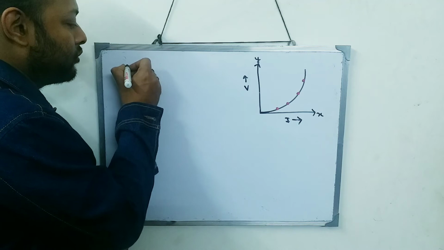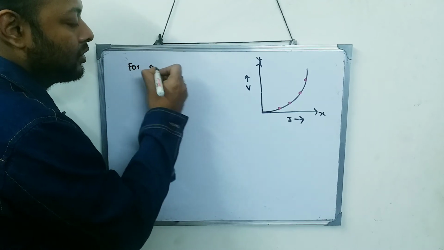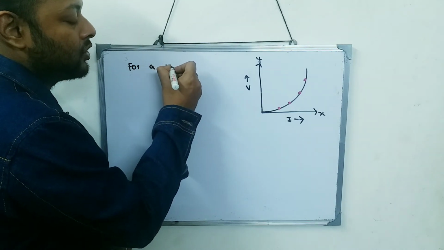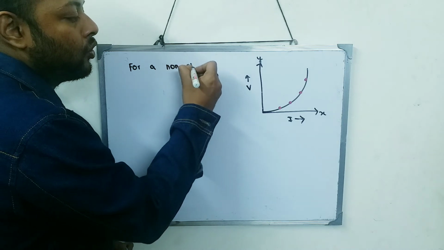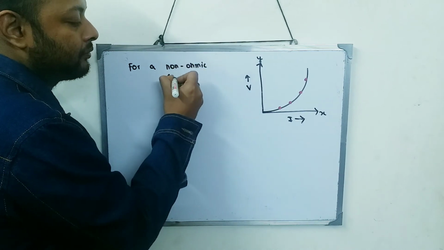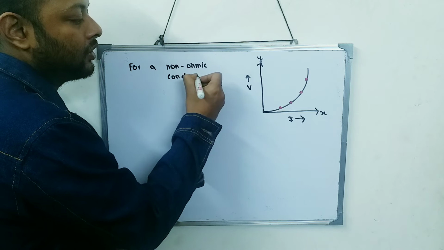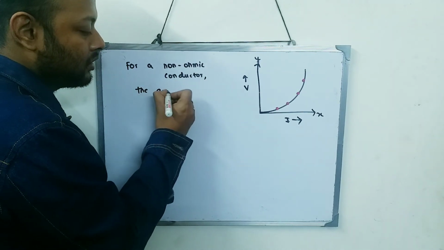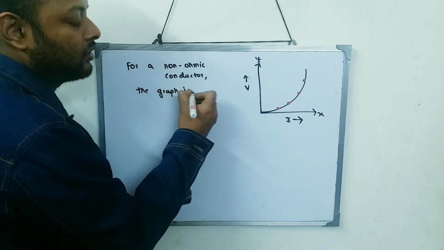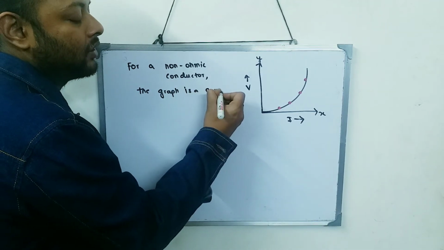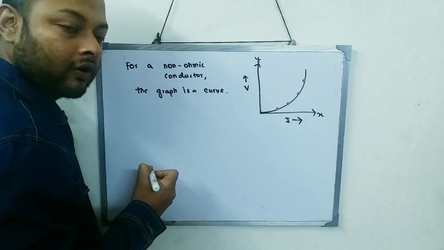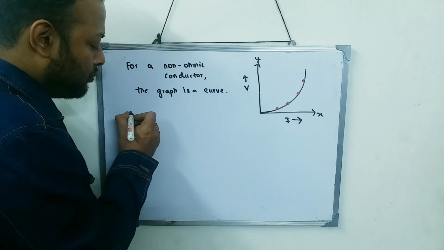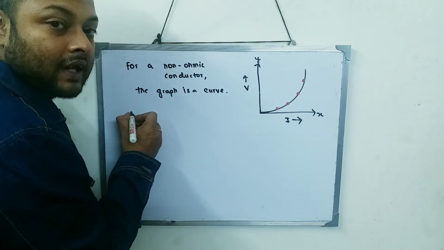So for a non-ohmic conductor, the graph is a curve. Each point on the curve has a different slope.